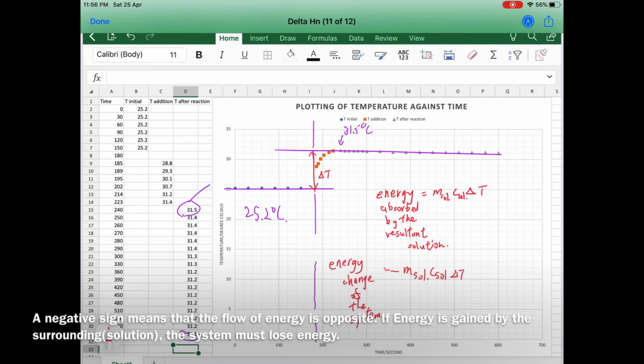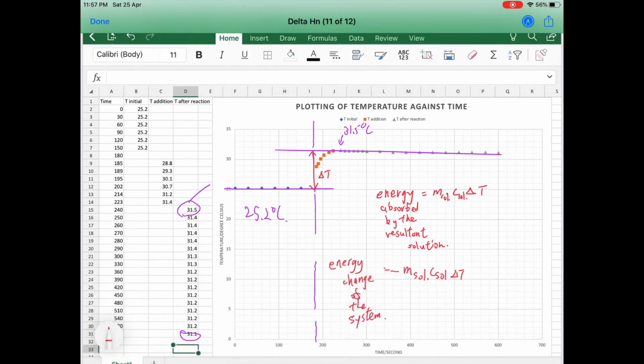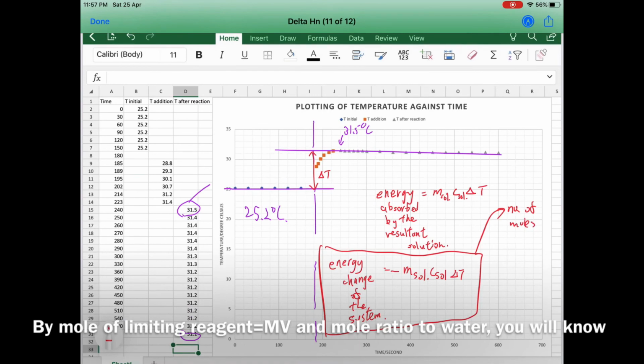And then be reminded what is the meaning of enthalpy change of neutralization? It is the enthalpy change when 1 mole of water is formed during neutralization, understand the condition. So now we have the energy change of the system. What we have left is that we need to calculate the number of moles of water formed in the process.